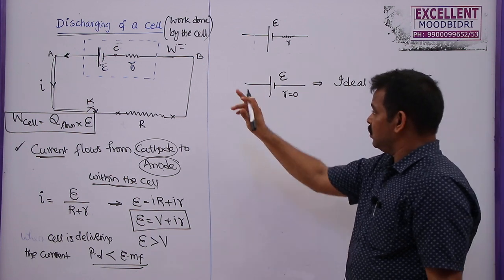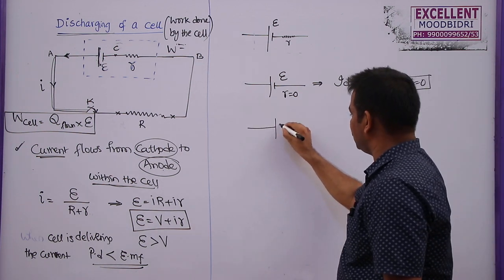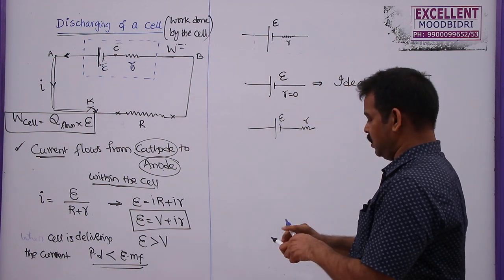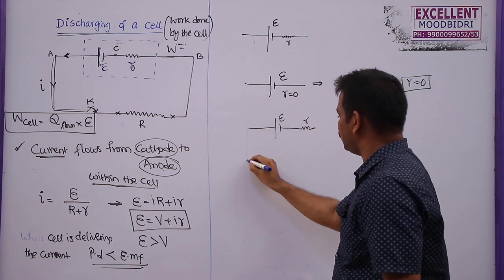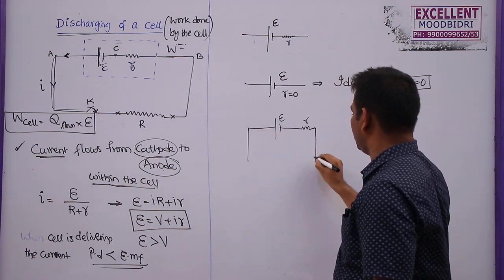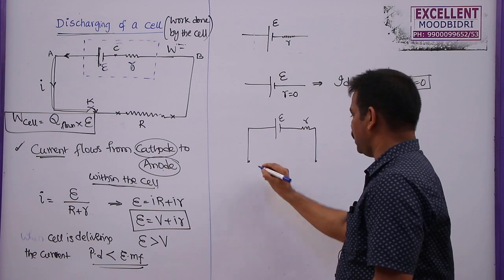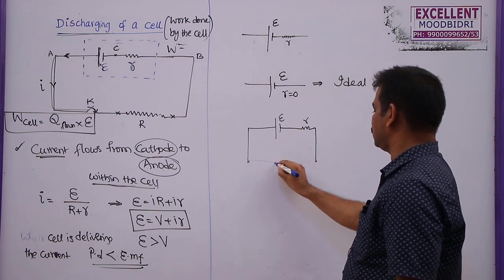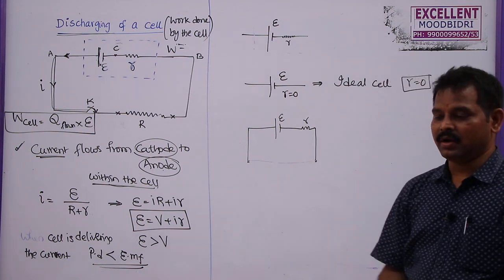Now, suppose you take a cell with internal resistance r and EMF E, and you join these two ends of the cell with a thick conducting wire. Why am I saying thick conducting wire?